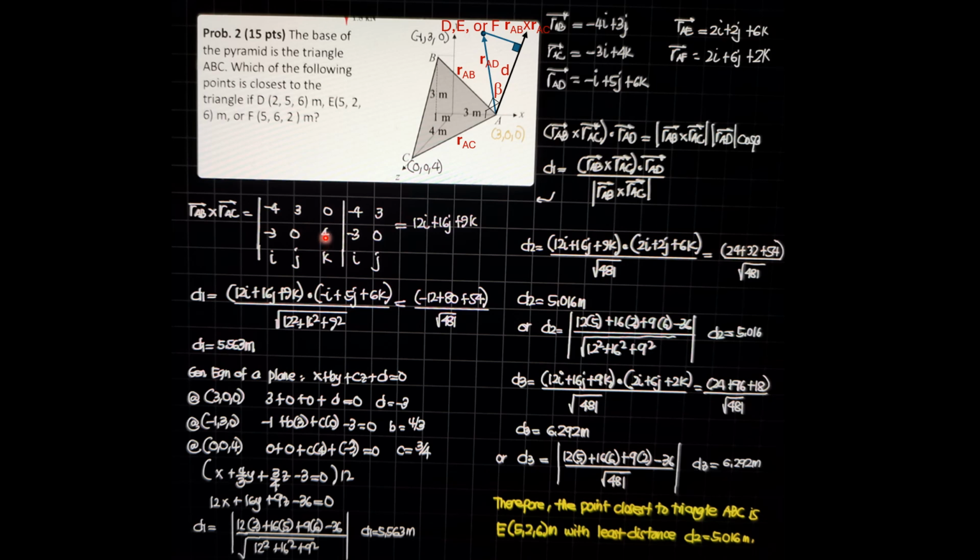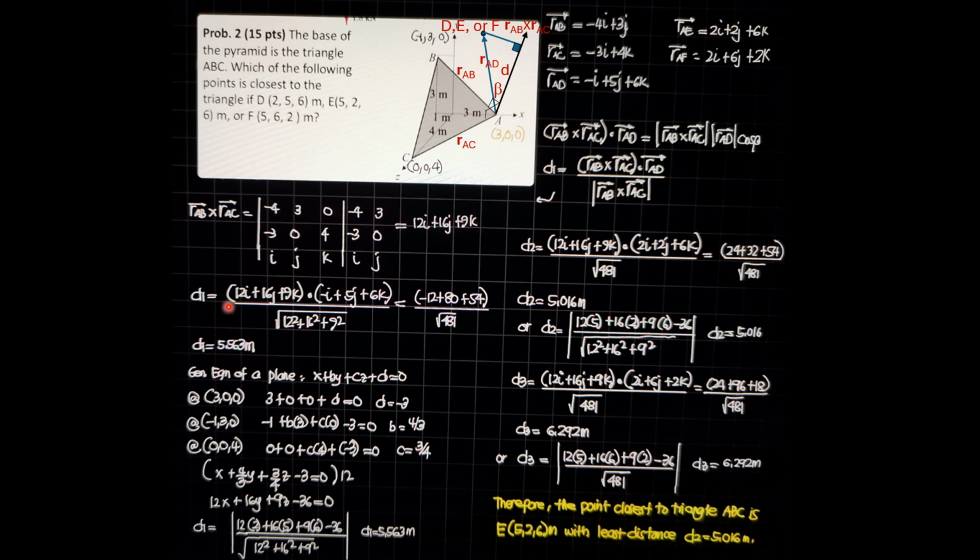So negative of negative 16 is positive 16J. Then negative 4 times 0 times K, 0. Then minus negative 3 times 3, so minus negative 9, so positive 9K. So this is RAB cross RAC.